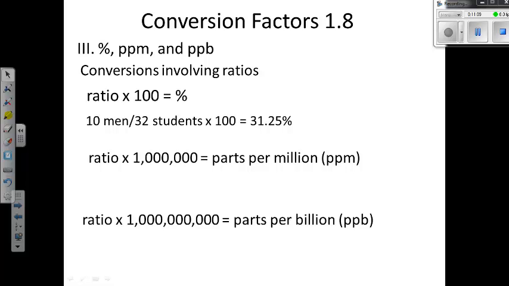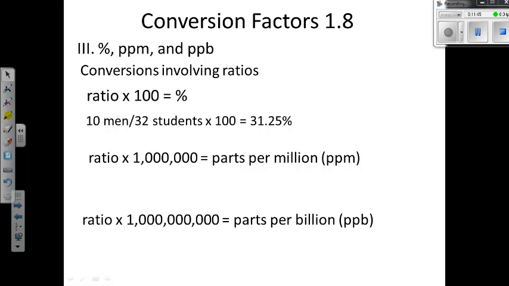So if I have 10 men in a class of 32 students, I would take 10 divided by 32 times 100, which is 31.25 percent. So these are counting numbers. 10 and 32 are counting numbers, so they have more than two significant figures, right? Because they have to be whole numbers. And then 100 is also an exact number. It's just a conversion factor. So we can go with four significant figures and 31.25% men.